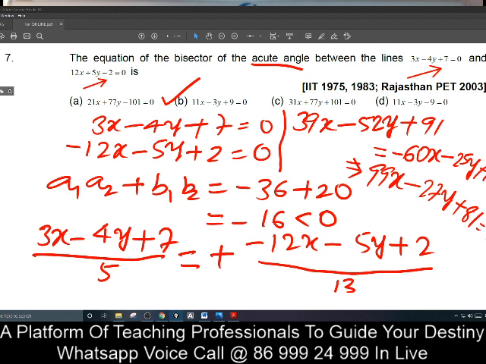It's not D, I think it is B. Check it out, please. It should be B. Check, Srinivas.